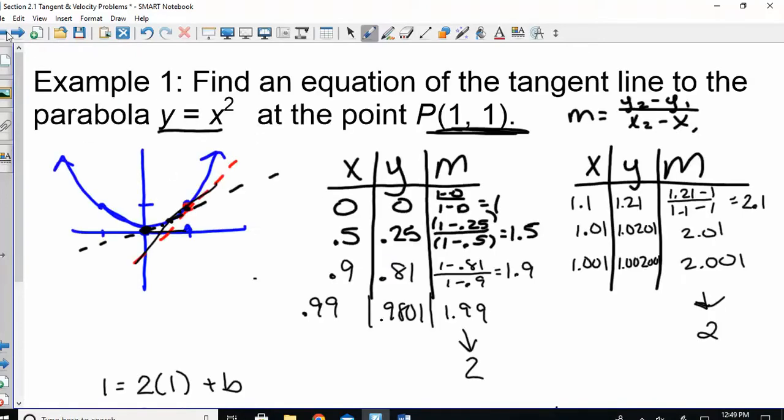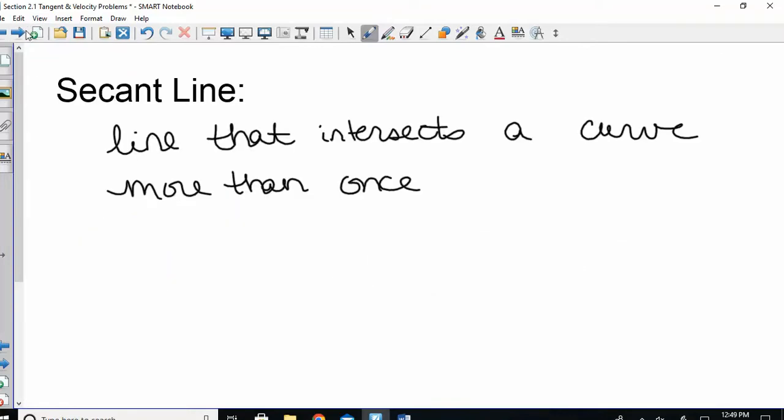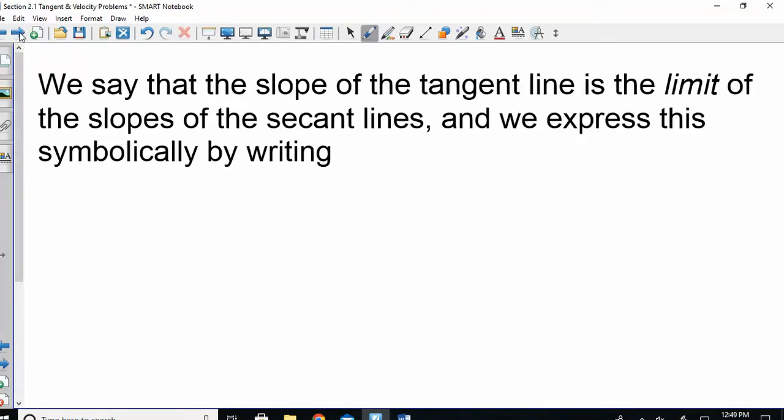We were using all of these black lines that we were looking at. Those were secant lines because we took it from this point on the parabola to another point on the parabola. Okay, we were looking at the line between them. So we were using these secant lines to try to guess what our tangent line was.